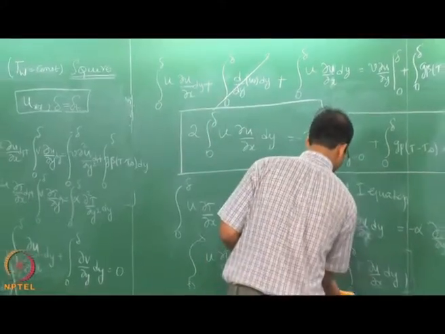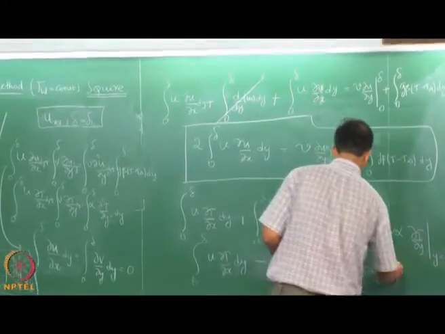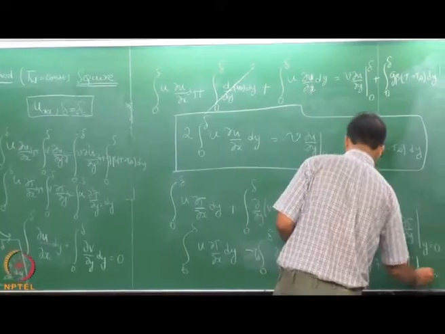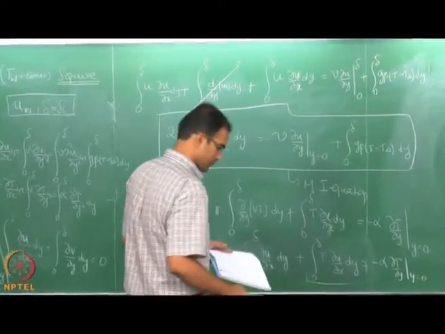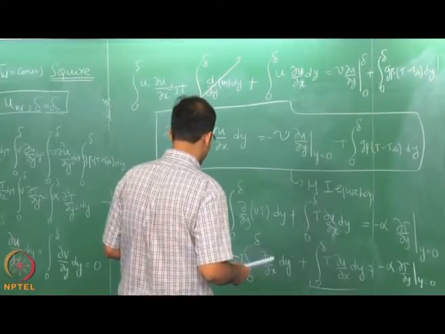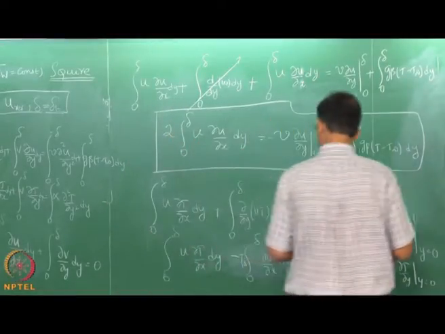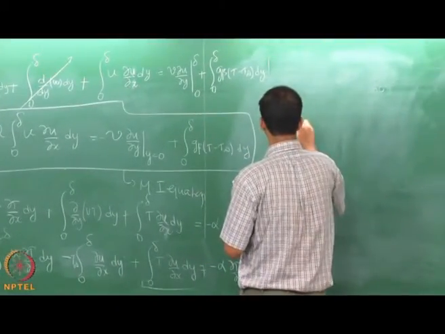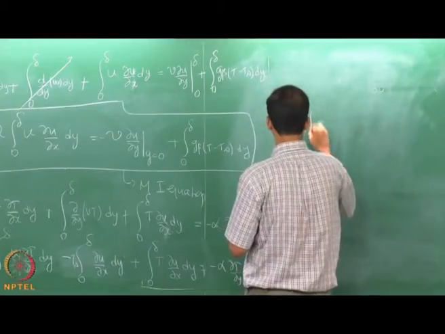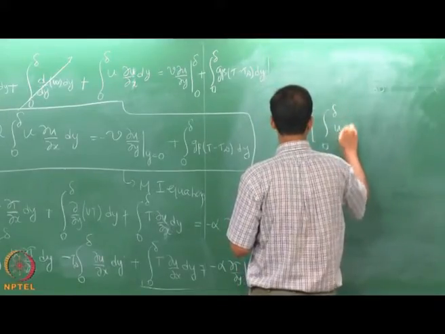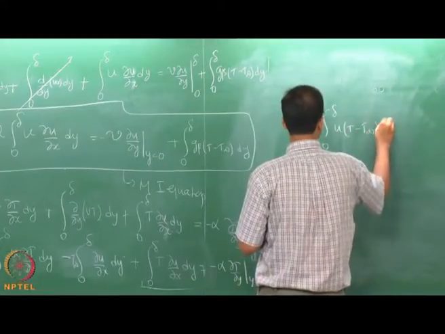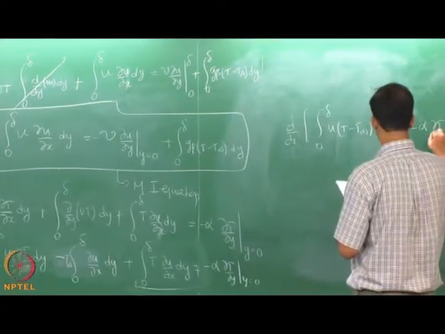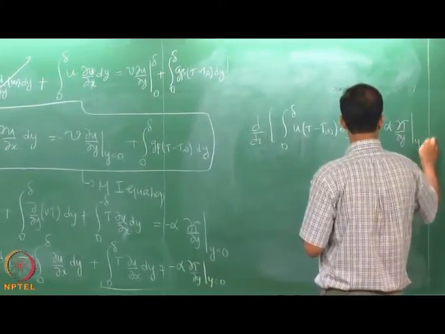Okay. This is equal to minus alpha dt by dy at y equal to 0. So, this can again be reduced to the form which will be d by dx of integral 0 to delta u of t minus t infinity dy, which is equal to minus alpha dt by dy at y equal to 0.